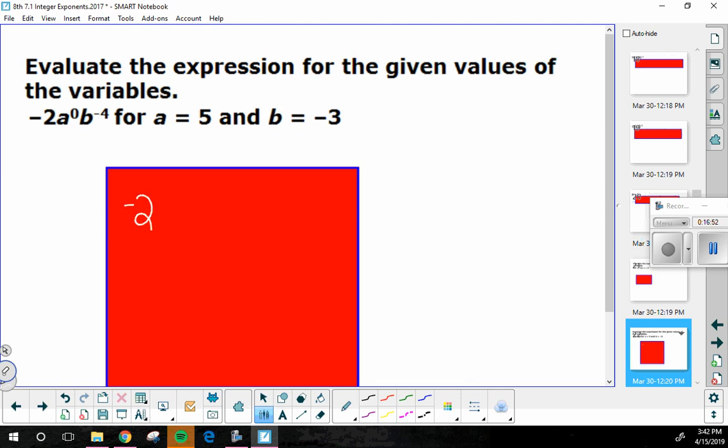Negative 2, 5 to the 0 power, and it's in parentheses, and then negative 3 to the negative 4 power.